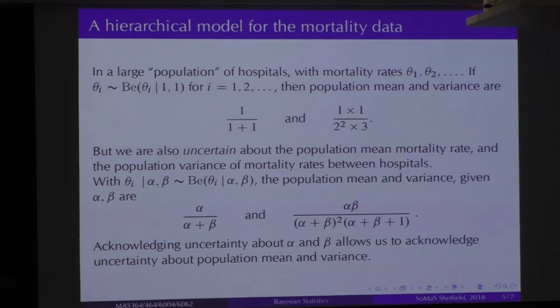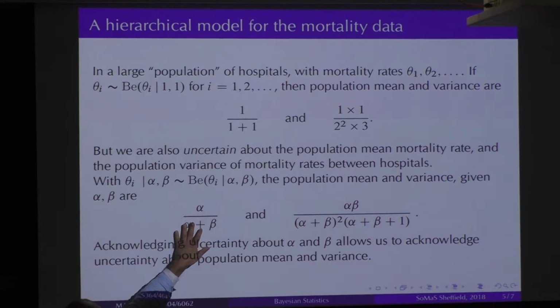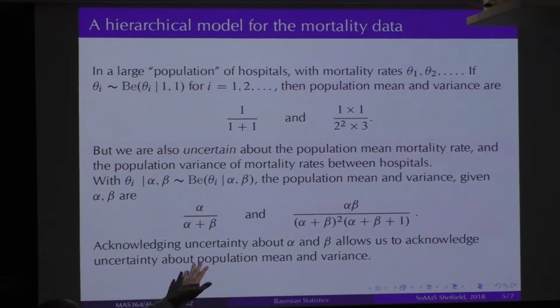So going back to fixing the parameters, we can say that all the theta i's come from a beta distribution with parameters alpha and beta, and we would like to have some uncertainty in these parameters, right? Something that we can interpret from those parameters is that this expression fixes the mean, and this expression here fixes the variance, right?